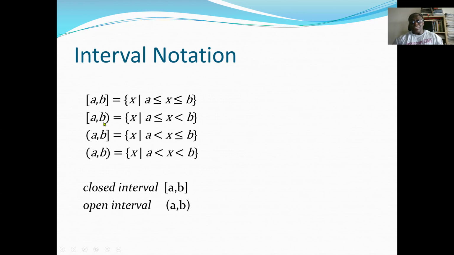So this is the same as saying that x should be greater than or equal to A because it's a closed interval, equal.